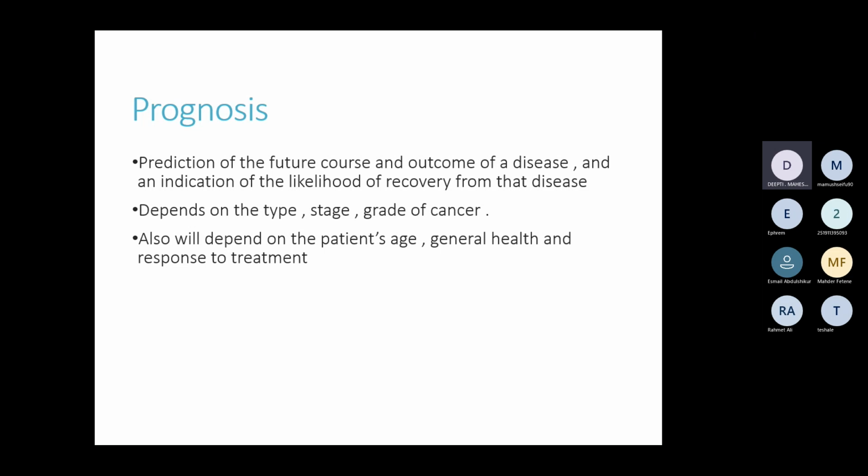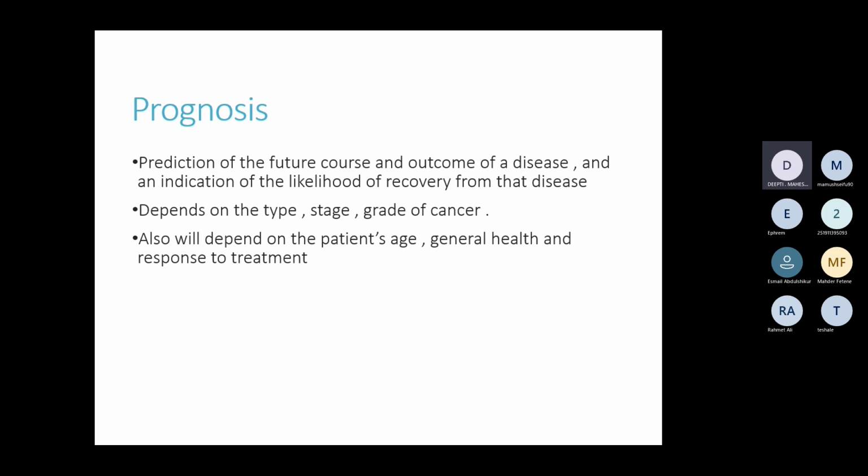Okay, so that future course and outcome of a disease when the doctors share the information, which will vary indication to indication and disease to disease, that prediction is called prognosis. So knowing the future course and also knowing the outcome of the disease, you can understand the prognosis of the disease. And that will depend on which parameters?